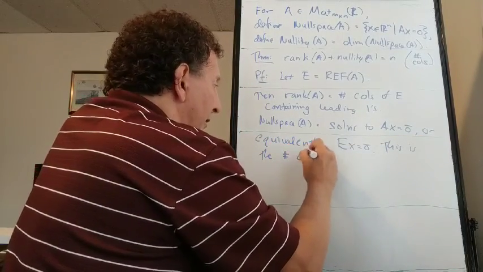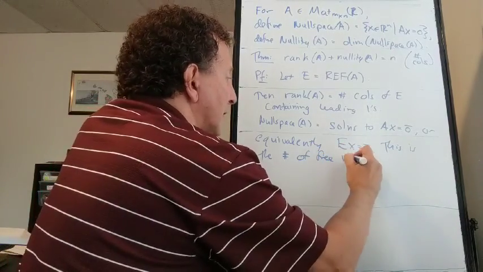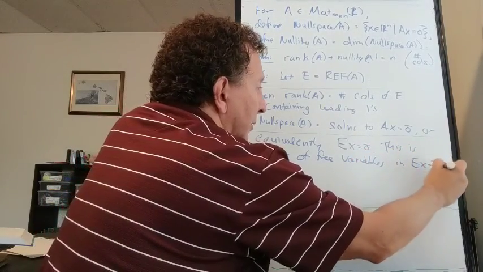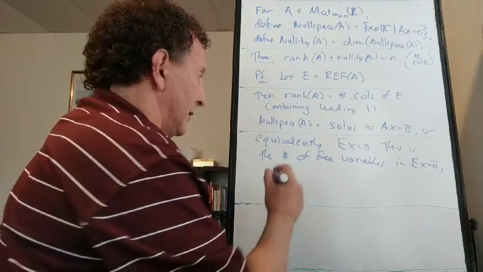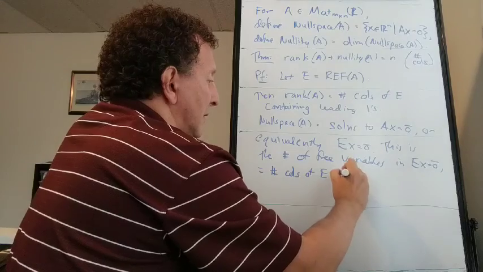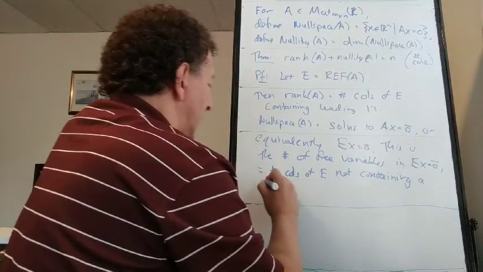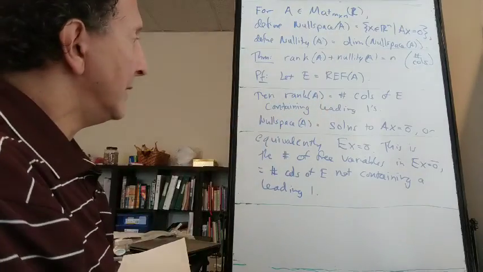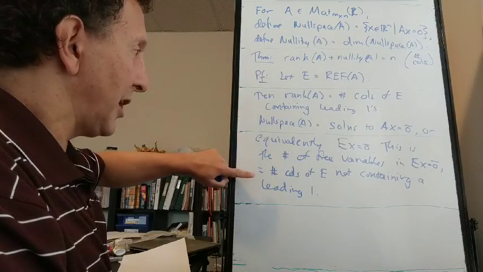Now the dimension of the null space is the number of free variables in EX equals 0. In other words, the number of columns of E that do not have a leading one. So we have the number of columns containing leading ones and the number of columns not containing leading ones.